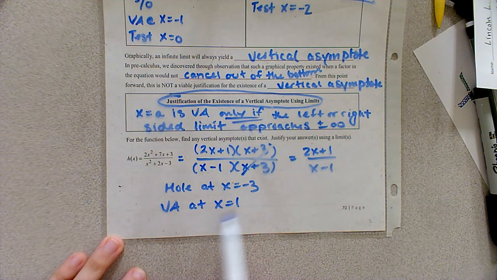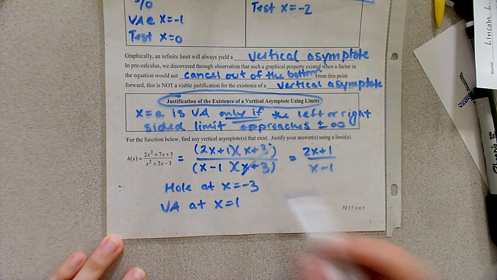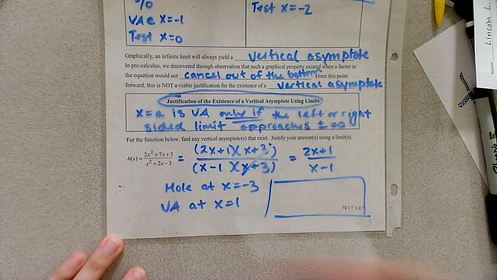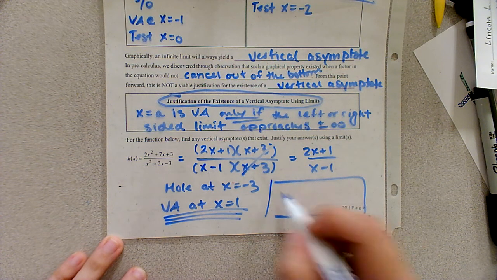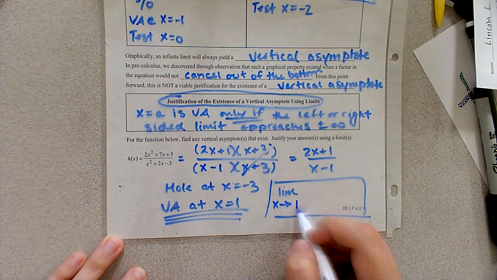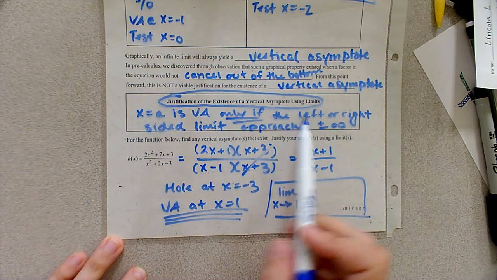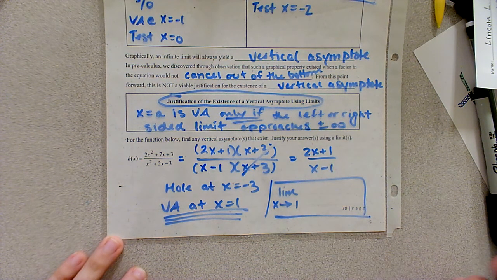This is no longer an acceptable justification. We must write some limit statement showing this concept. So notice we would have to approach 1 from either the left or the right. You can choose which one. You just have to show either the left or the right side. So maybe I'll choose the left.